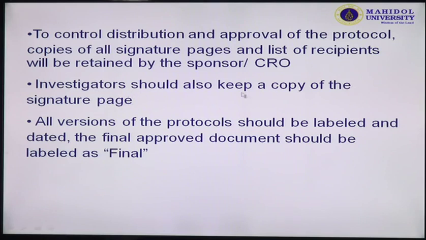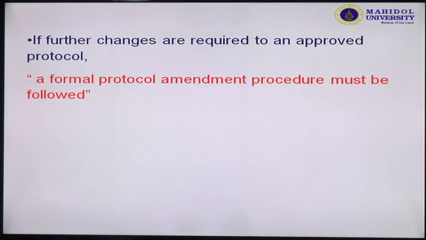And the site needs to keep a copy of the signature. And all versions of the protocol should be labeled, dated, and final approved. And if the trial is active and you have monitored, and it happens that the site is using a version that is not approved, you have to re-consent: call back all participants to re-sign the new approved version.